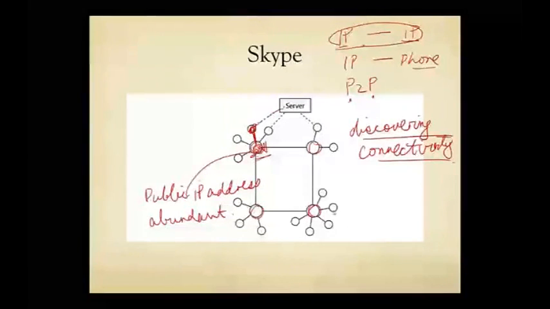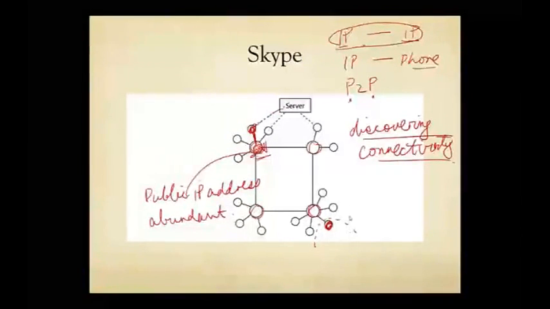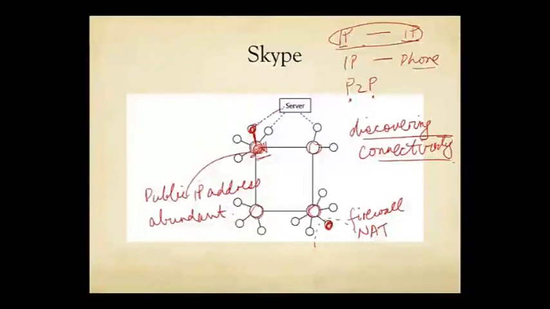Let's say if you want to make a phone call to your friend who is a Skype node over here, and let's say this one sits behind some kind of firewall or network address translation. So you cannot actually directly locate this IP node.